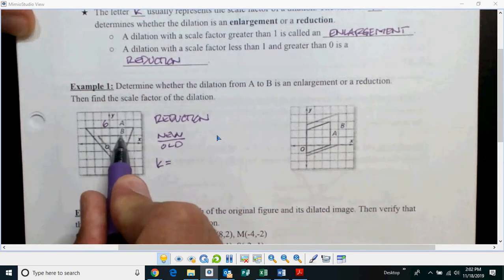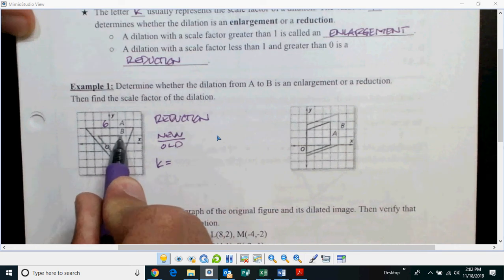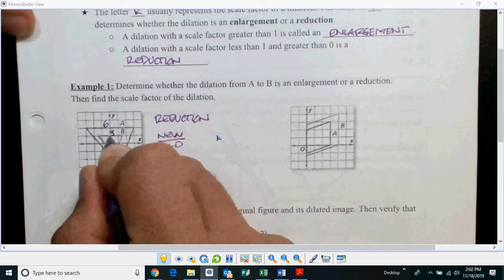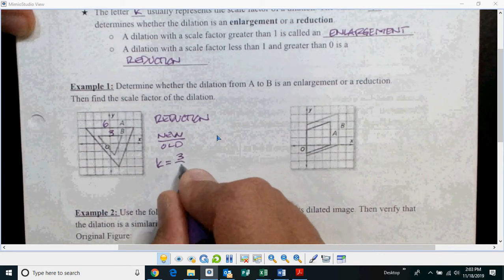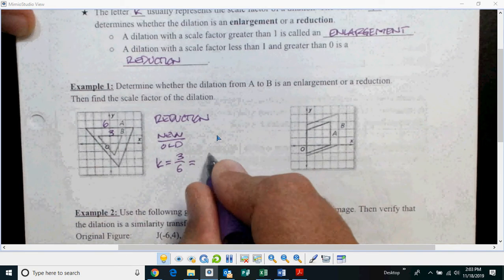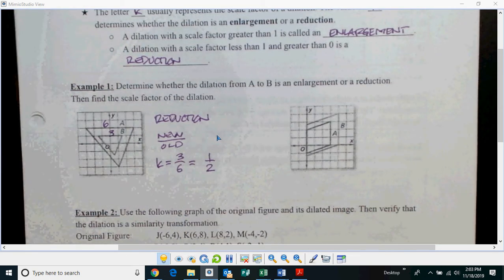And this piece starts at the half, so that's 1.5, 2.5, and another half makes 3. New over old, we write 3 over 6. That means our K is 1/2. That's what we'd expect because it's a reduction, so it gets smaller. So K is 1/2, and it's a reduction.